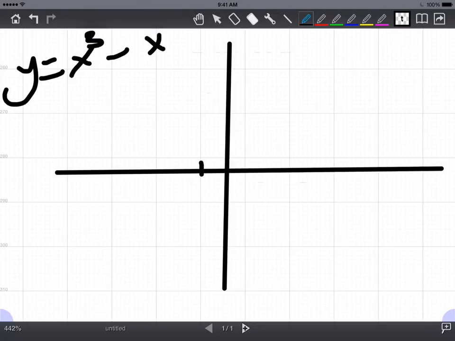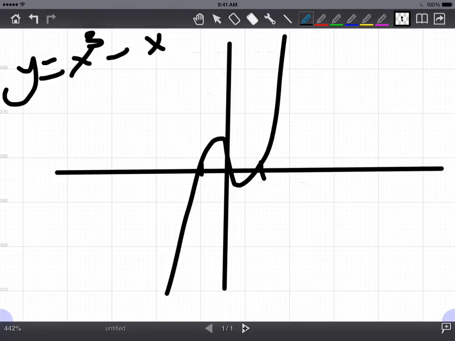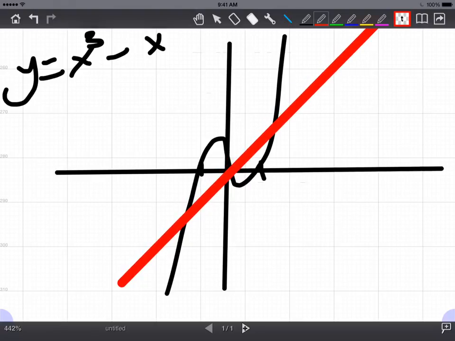So let me just draw that here. And then it's symmetric about the origin.